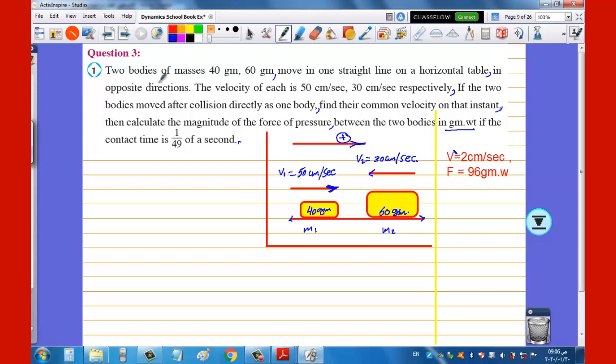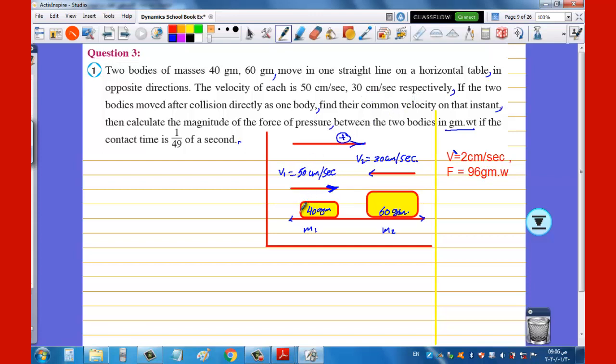Question 3. Two bodies of masses 40 gram and 60 grams move in one straight line on a horizontal table in opposite directions. So we have the first mass m1 of 40 gram and the second mass m2 of 60 gram, and the velocity of each is 50 centimeter per second and 30 centimeter per second respectively.